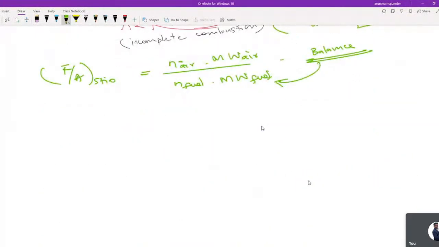I can give you one example. Let me take C3H8 plus O2. Obviously the products are going to be CO2 plus H2O. Now, is this equation balanced? Obviously no, because here we have 3 carbon, here we have 1. So we need to balance it.